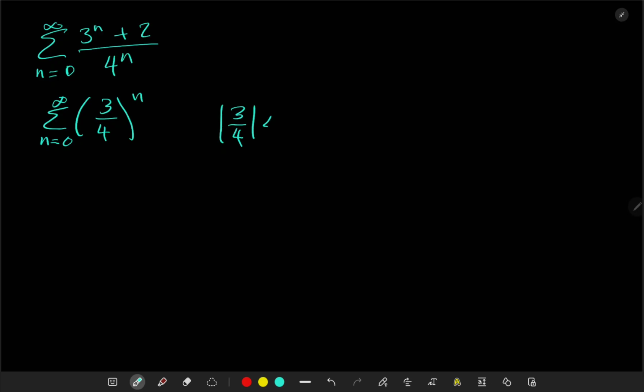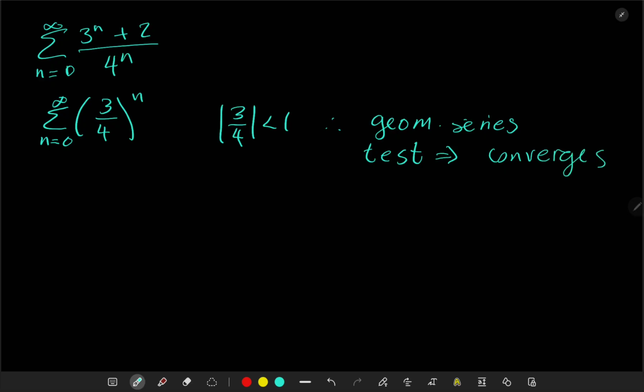Therefore, by the geometric series test, you have that it converges. So now I just have to do the ratio of the coefficients and take a limit.